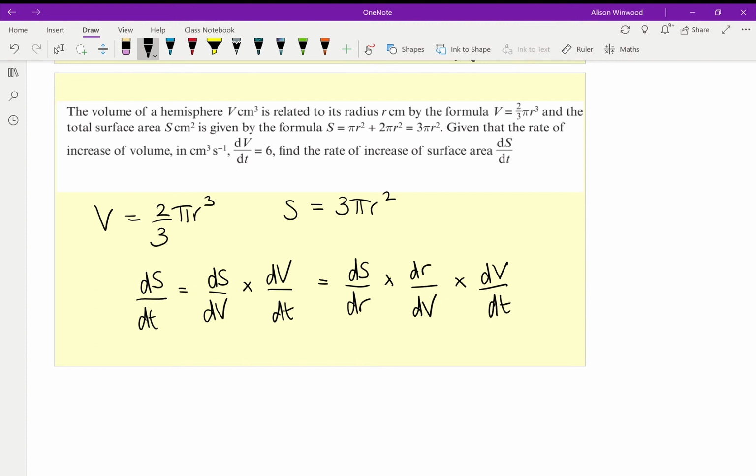Because if we imagine these are fractions, dr cancels with dr, dV cancels with dV, and we're left with dS by dt, which is what we want.